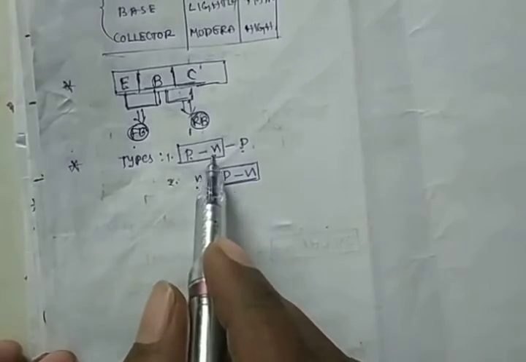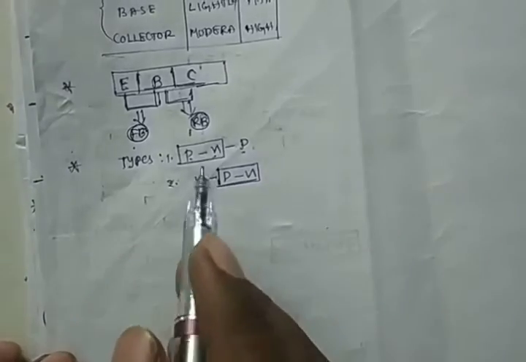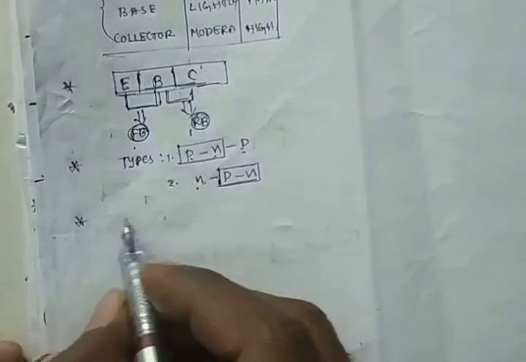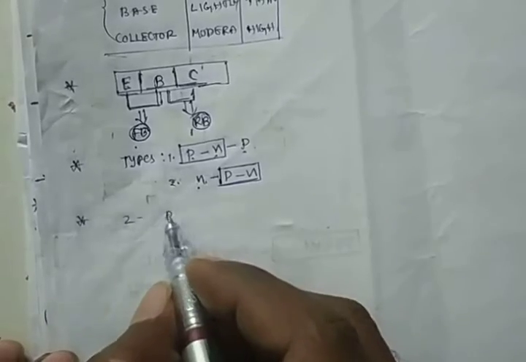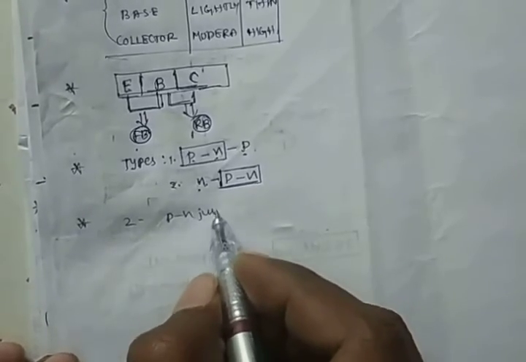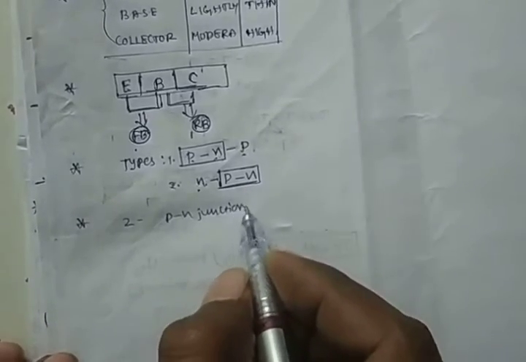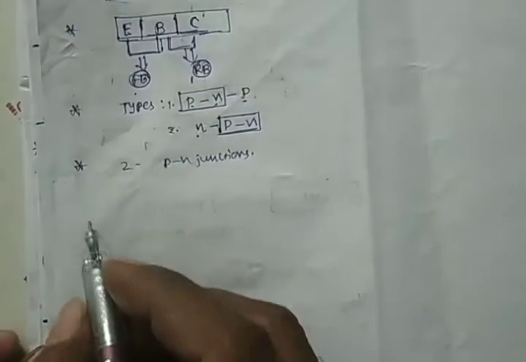Anyway, both transistors contain two PN junction diodes. So that means the transistor contains two PN junctions.